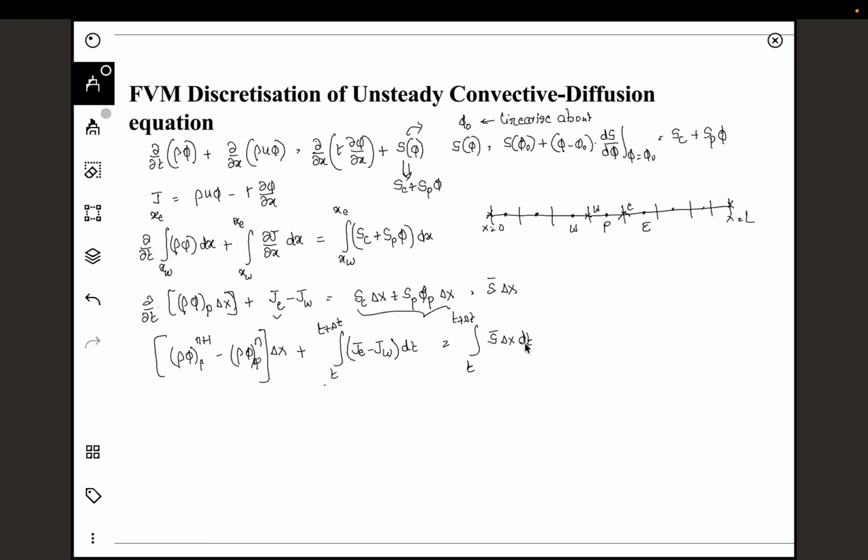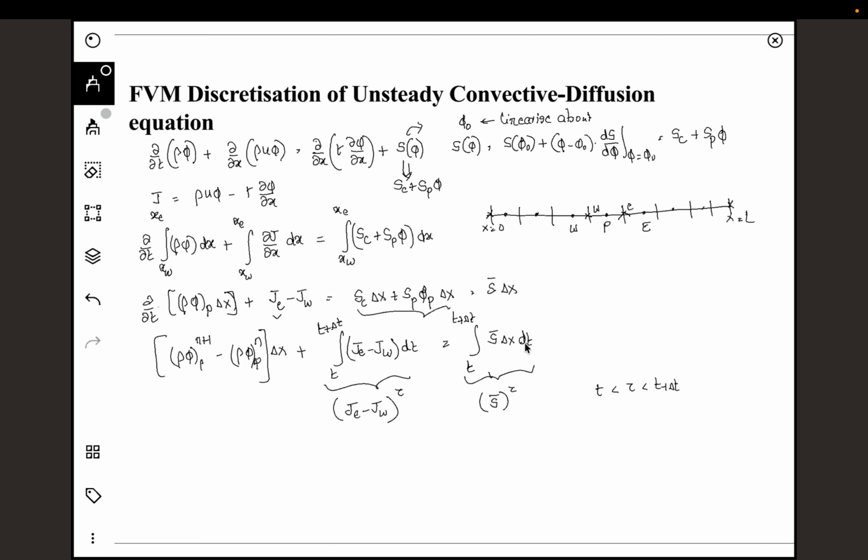That will be replaced with j e minus j w evaluated at some intermediate time tau. Similarly, this will be replaced with s bar evaluated at some intermediate time tau, where tau is some time between t and t plus delta t, which we do not know yet.